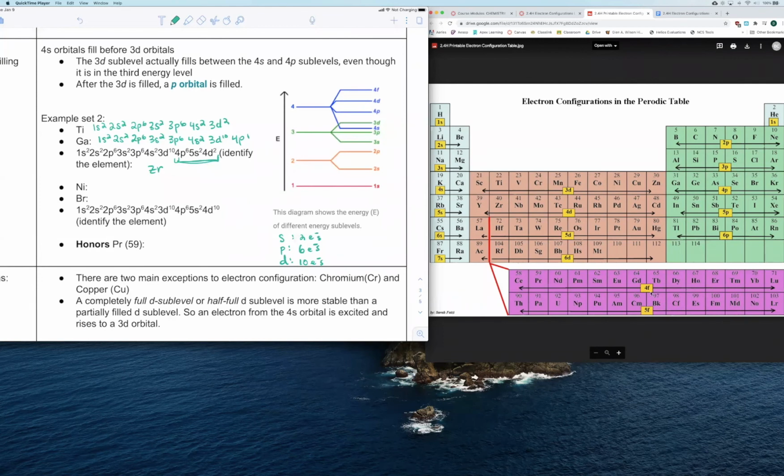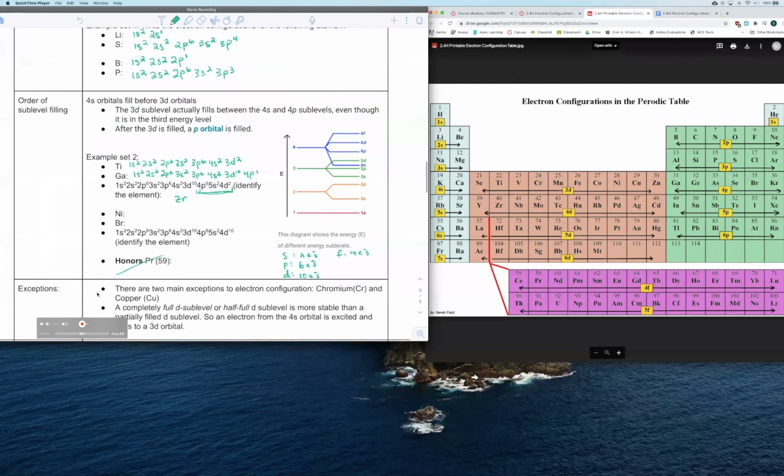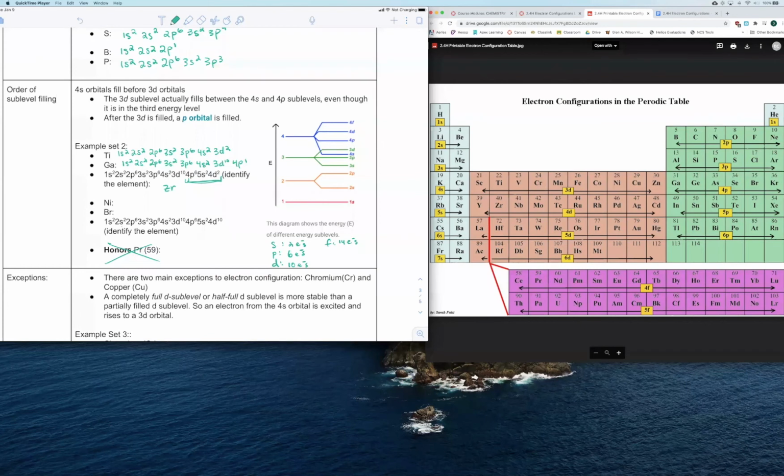The f sublevels actually have 14 electrons. But you don't have to worry about them for this class or for online learning. So just worry up to the d electron configurations. Okay, why don't you guys do these next examples and then we'll basically finish up.